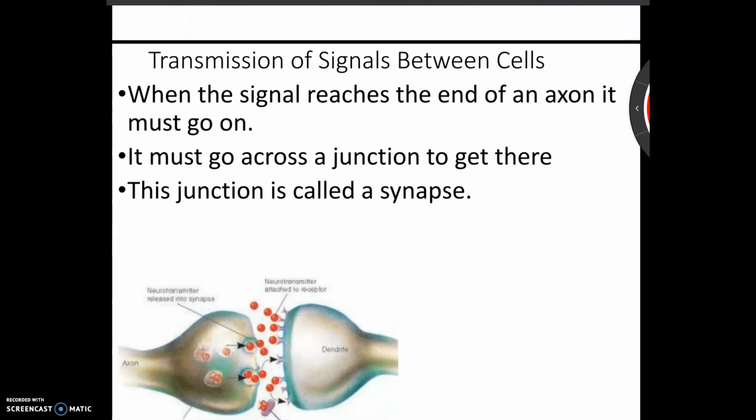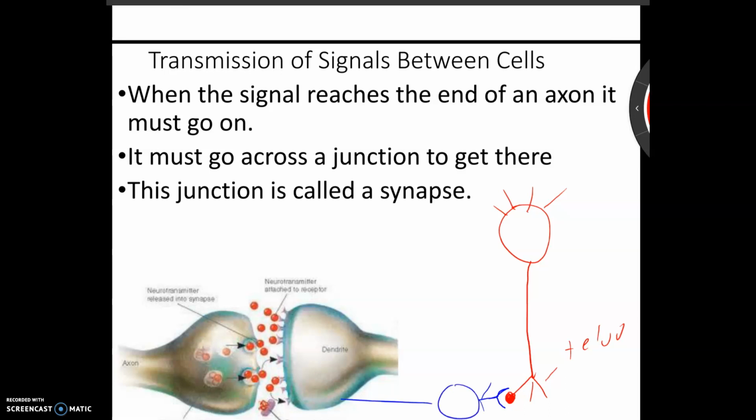So we have our neuron. So here's our neuron. What are these branches called? Correct, dendrites. We have our one long axon. Then we have our telodendria and our synaptic knob. Now this thing is going to be attached to the axon of another, or the dendrite, neuron, or a muscle.